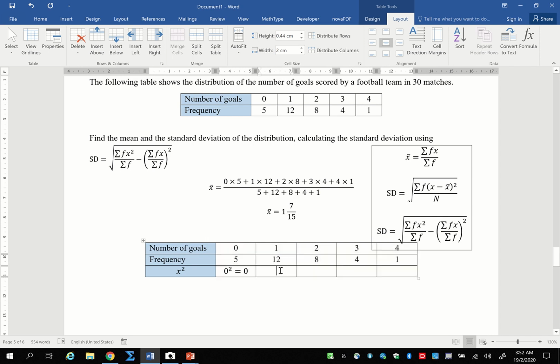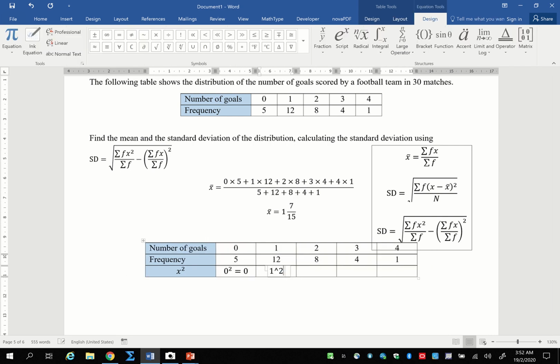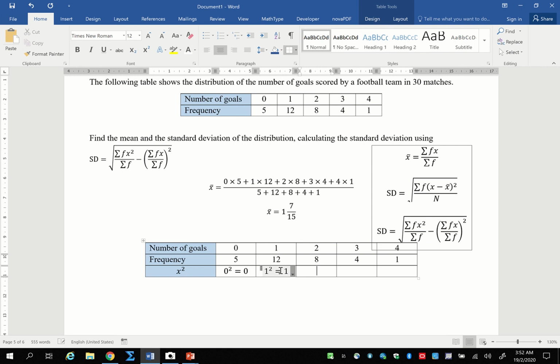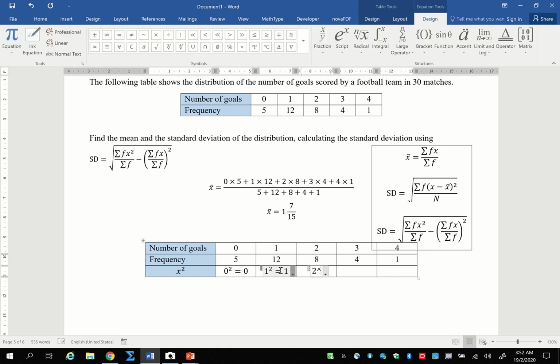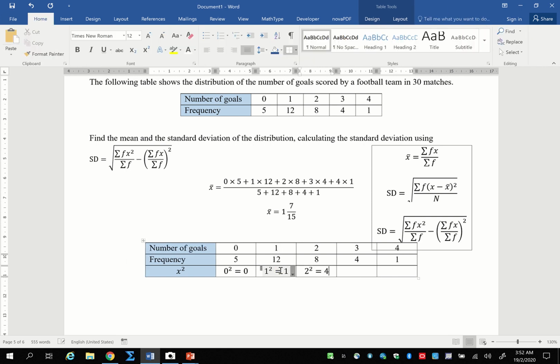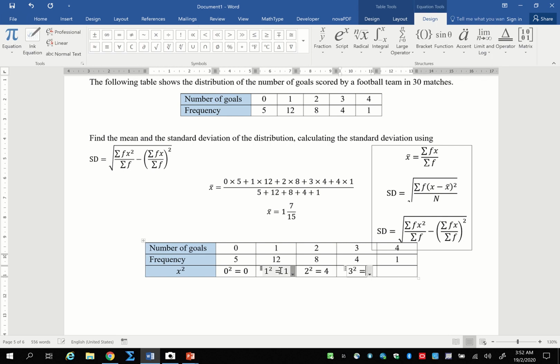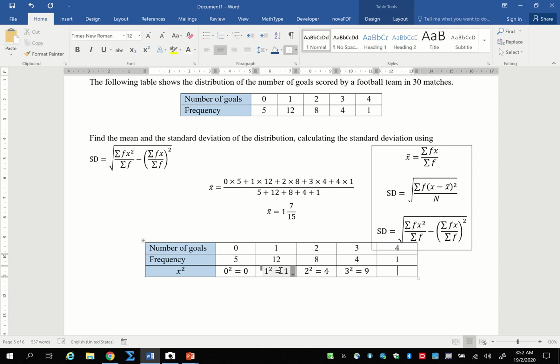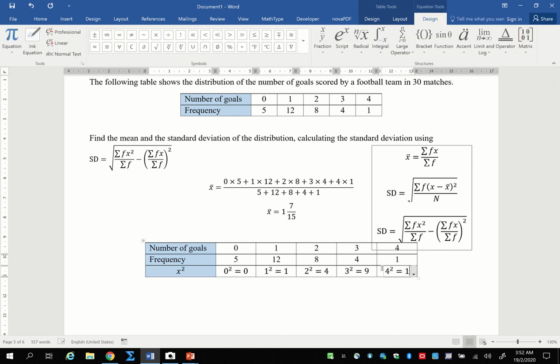1 squared is simply 1, 2 squared is 4, 3 squared is 9, and 4 squared is 16.